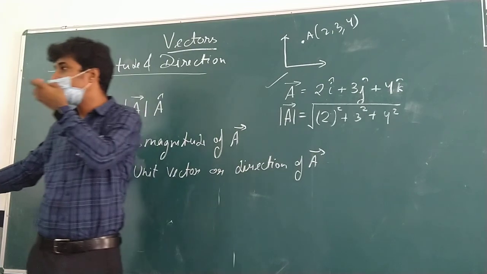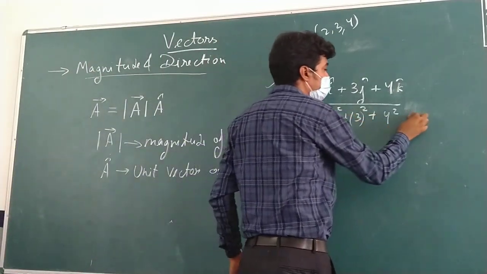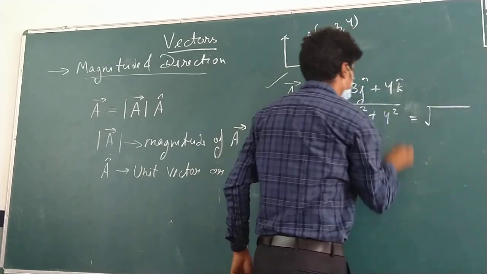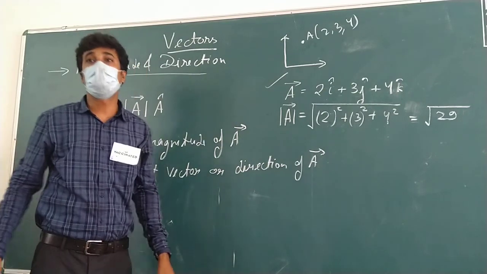Yes or no? So its magnitude is how much? 2 square plus 3 square plus 4 square, that is under root of 29. Yes or no? This is the length.